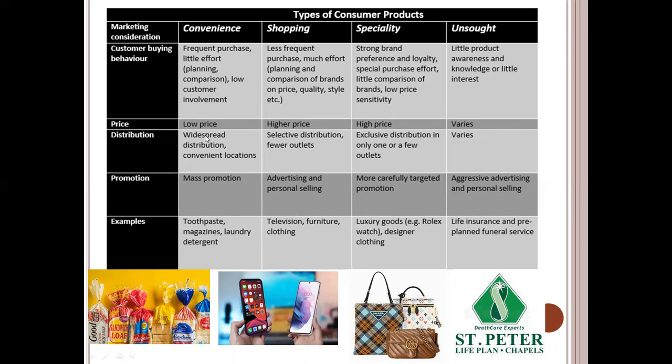So there's no decision making here, less decision, planning, comparison, low customer involvement. And the price is very low, and the distribution is widespread, and it is in convenient locations. Promotion is mass promotion, promoted to everyone, to anyone. Examples of this are essentials like toothpaste, magazines, laundry detergent, and bread as well.